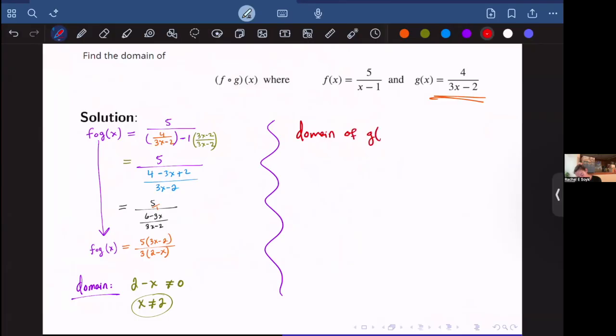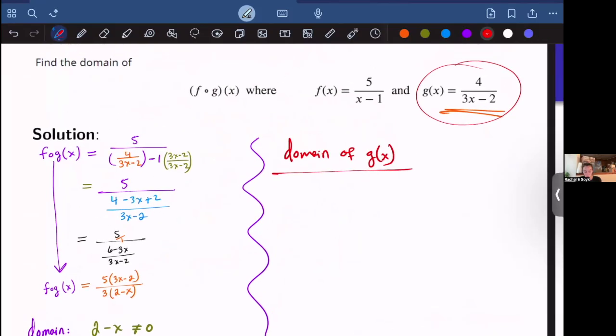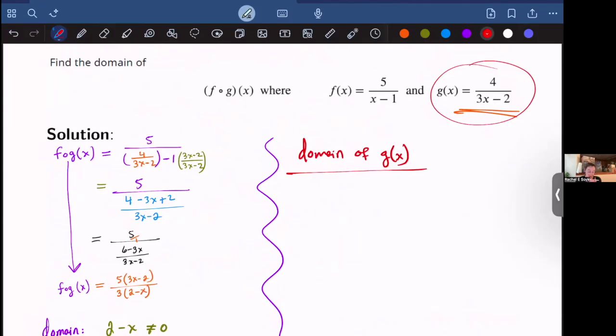Domain of g of x. And our g of x is this whole 4 over 3x minus 2. Again, you don't have to worry about even root indices, and that's because we have no radicals in this fraction, but we do have a fraction, which means the denominator cannot be equal to 0.